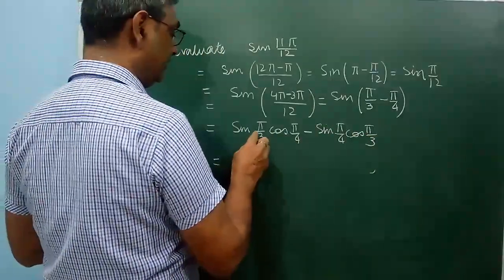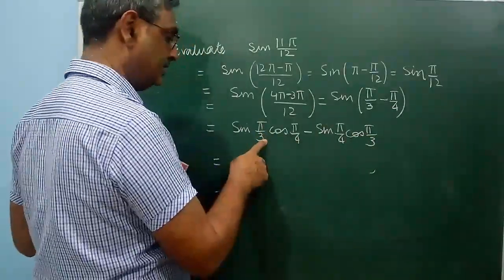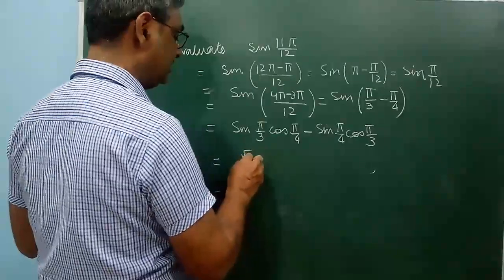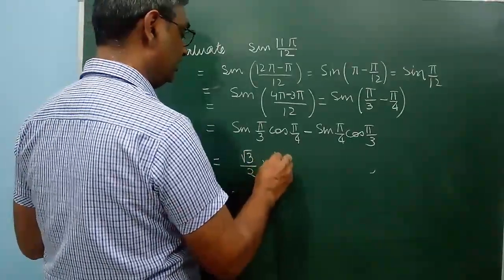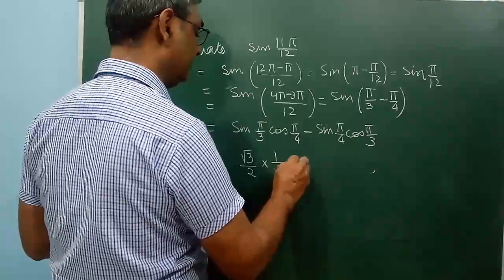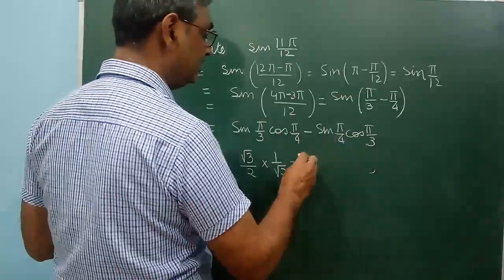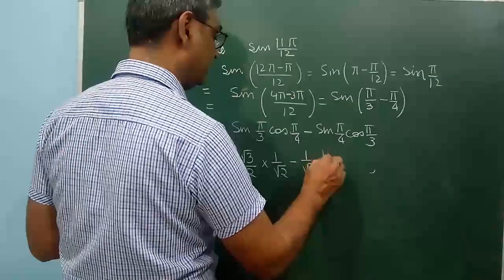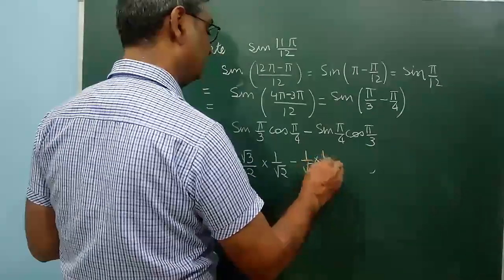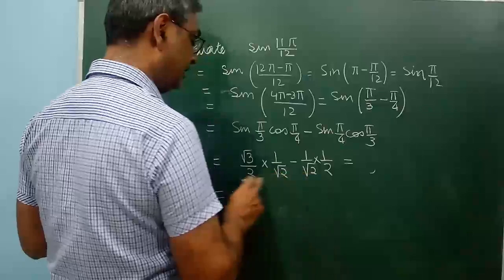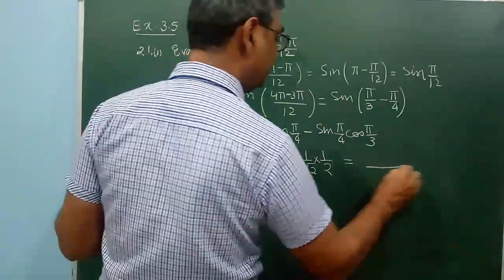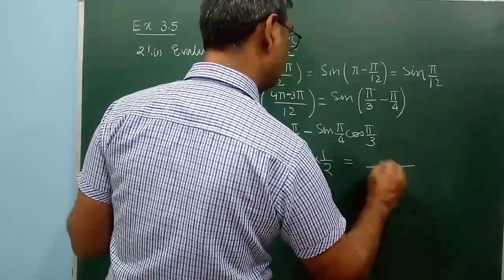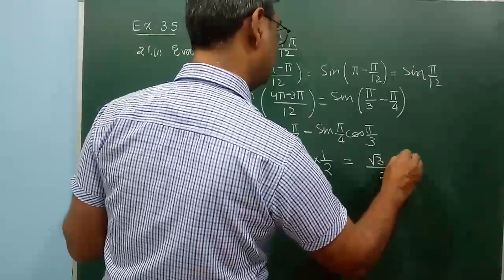We can put the values. Pi by 3 means 60 degrees, sin 60 is root 3 by 2, this is 1 by root 2, minus 1 by root 2, and cos 60 is 1 by 2. Taking the LCM 2 root 2, it is root 3 minus 1.